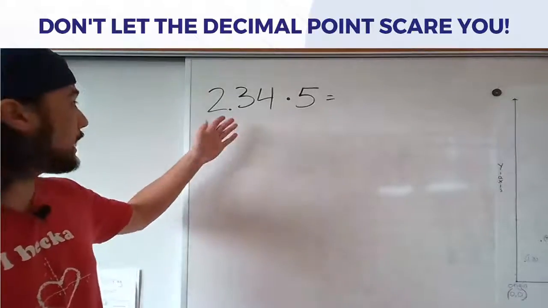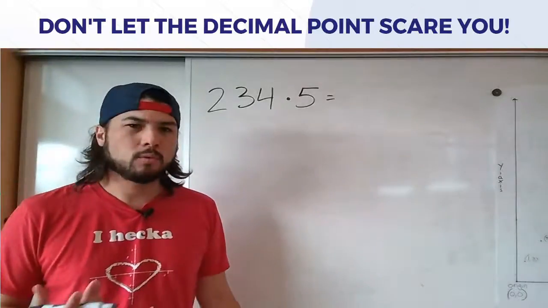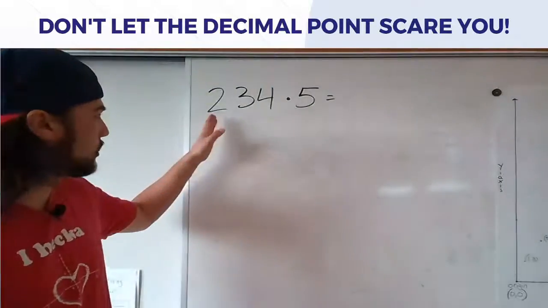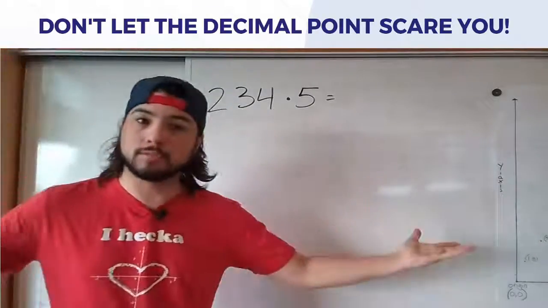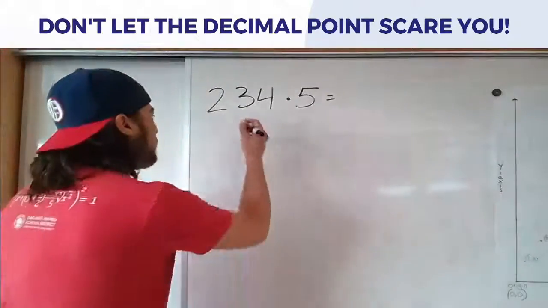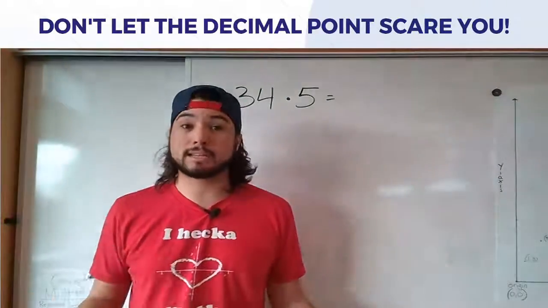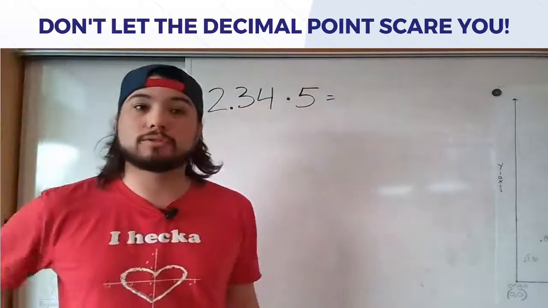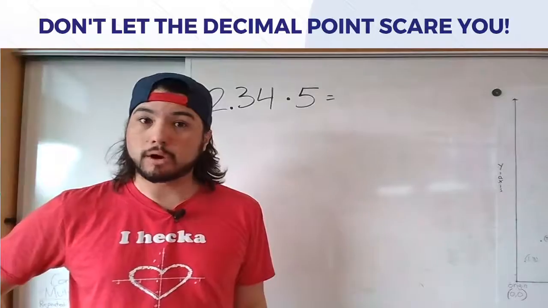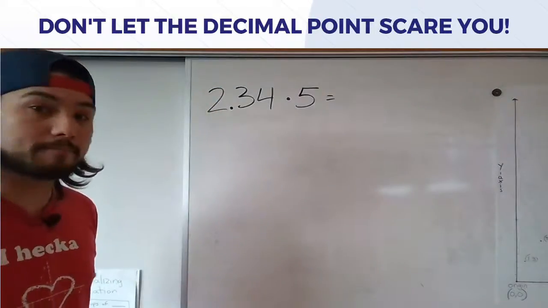Just like, if this were 234 times 5, we wouldn't bat an eye at it. We'd just go, oh yeah, you do 200 times 5 plus 30 times 5 plus 4 times 5, and then you add them all up at the end. The fact that there's a decimal point here doesn't change anything about our process and our setup. We're still going to divide this out into 3 partial products or partial factors and multiply each one by 5.